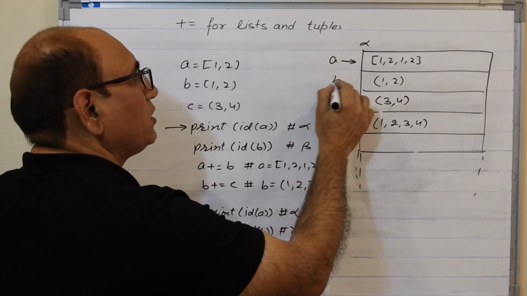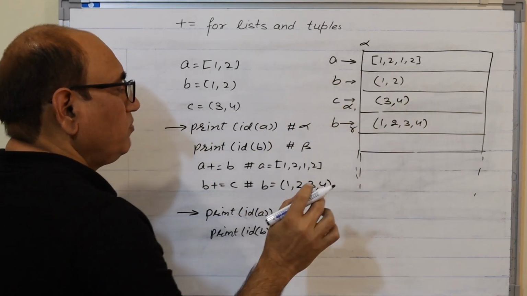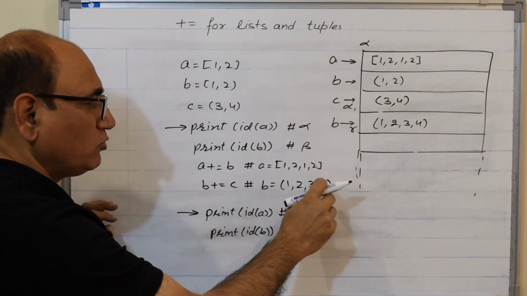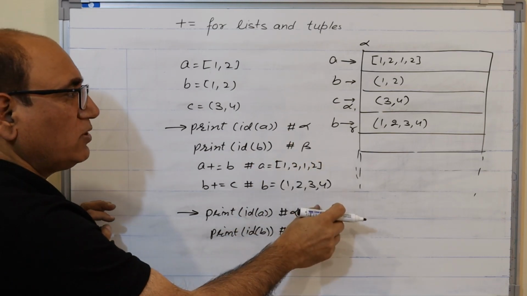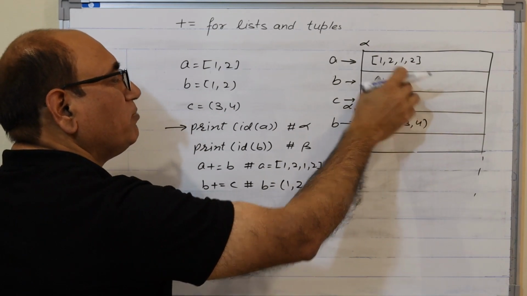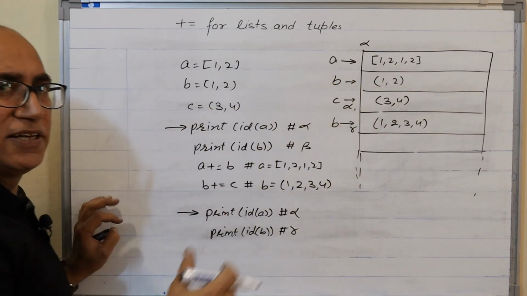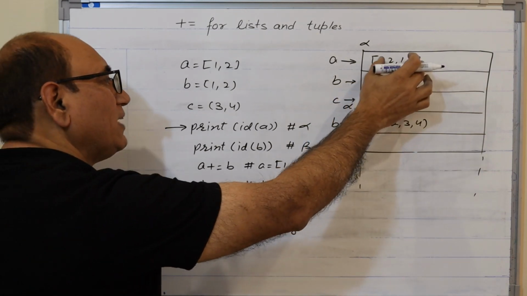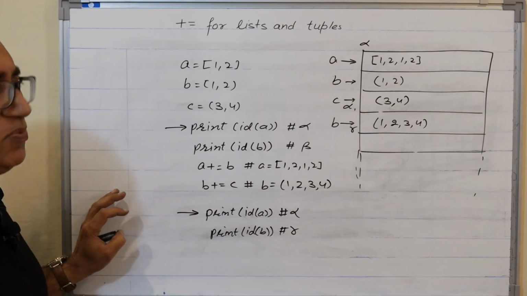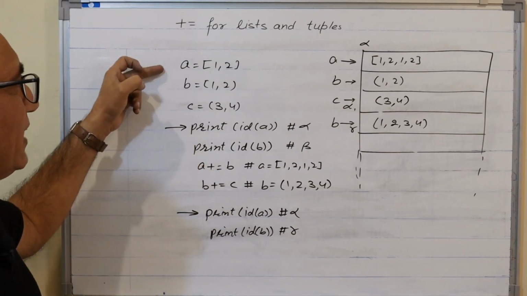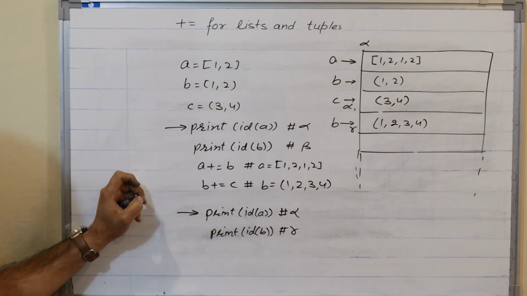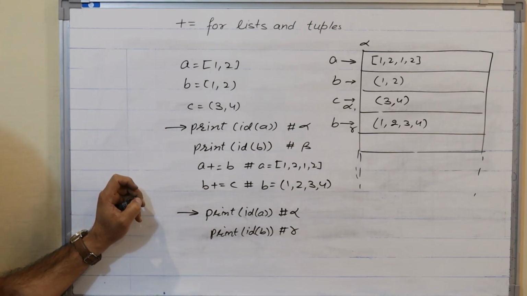So earlier B was pointing to this tuple 1 2. Now we said B plus equal to C, it creates a new tuple and B points to that only. So this new tuple is stored at some new memory location because here it cannot be updated. In the case of lists, lists are mutable, so these are updated in place only. So A does not get the new address, B gets the new address. So we say that this list A has got updated, but tuple B has got redefined. It has not been updated.